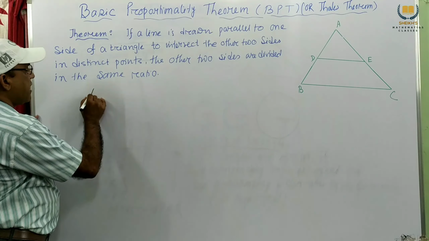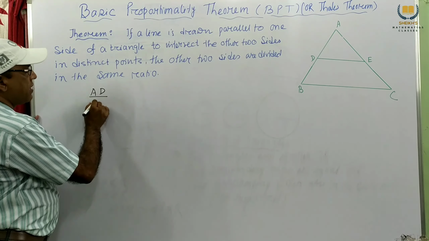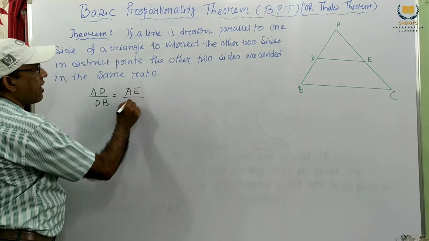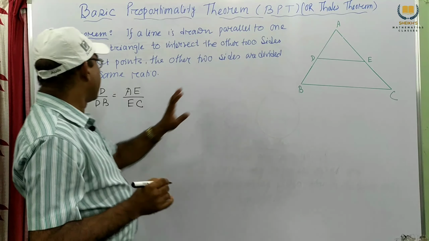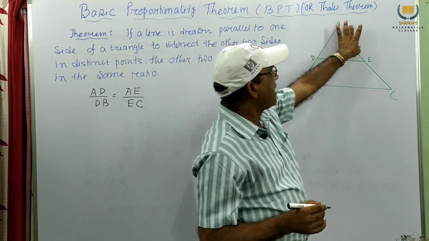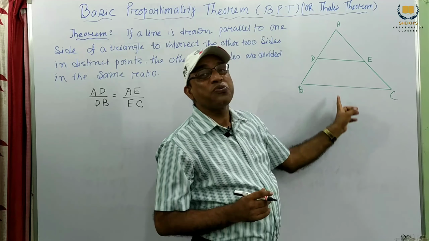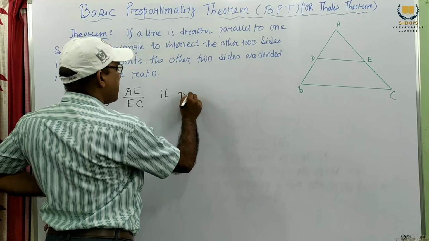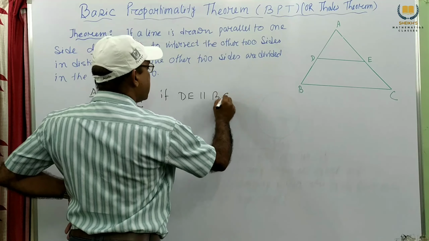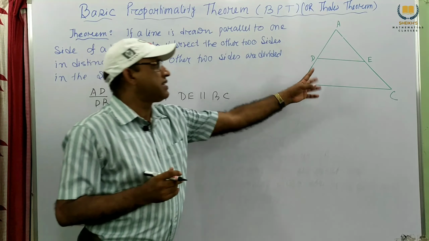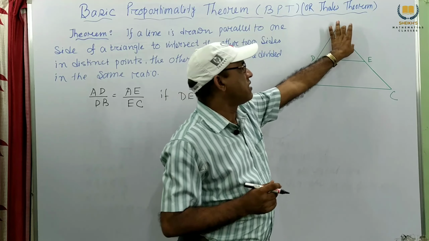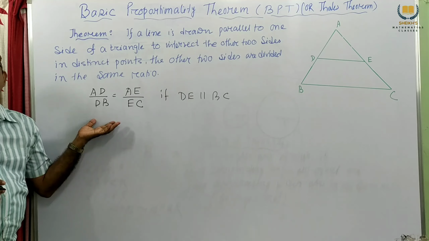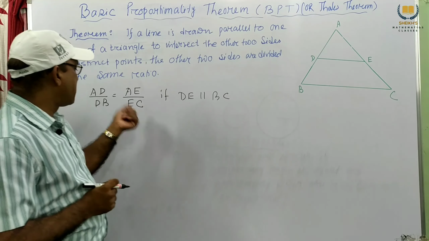So we have AD by DB equal to AE by EC. If DE parallel BC, then we get this by this equal to this by this. This is called basic proportionality theorem, BPT, or Thales theorem.